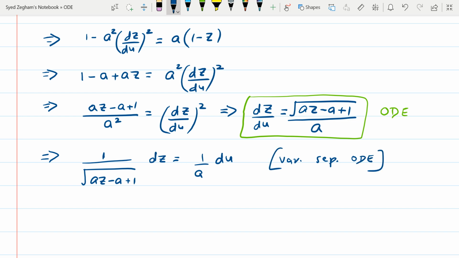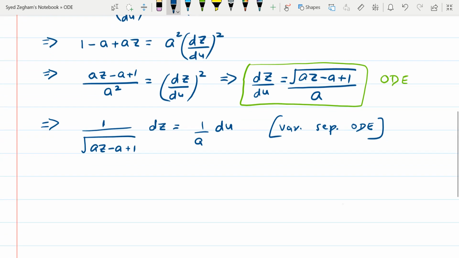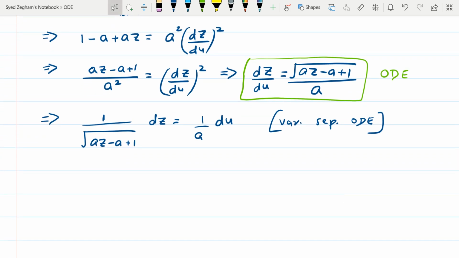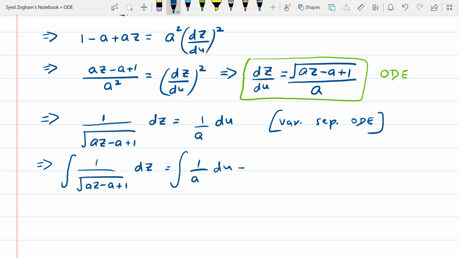And if you remember, to find the solution we simply integrate both sides. So let us integrate. So this will give us 1 over square root of az minus a plus 1 dz is equal to 1 by a du. To find the solution, we will integrate both sides and some constant of integration c will appear.